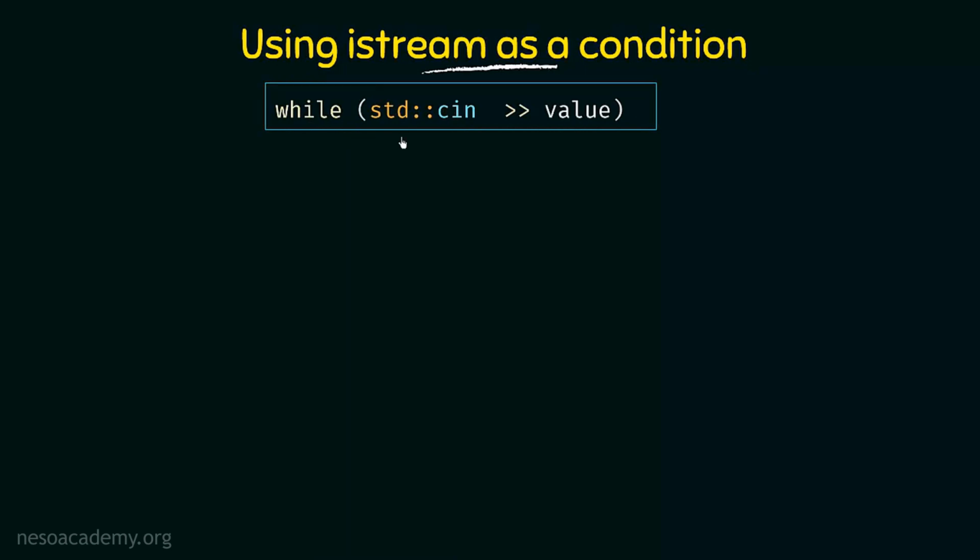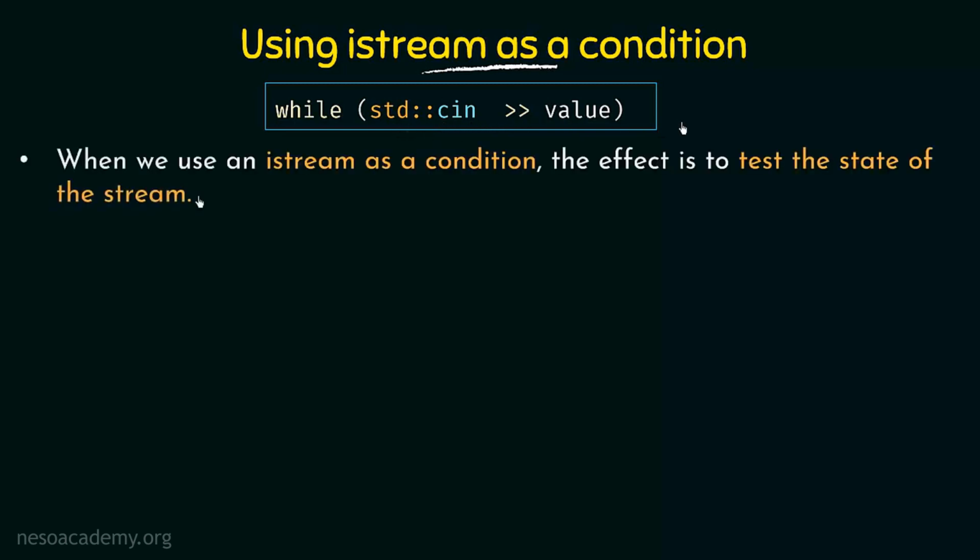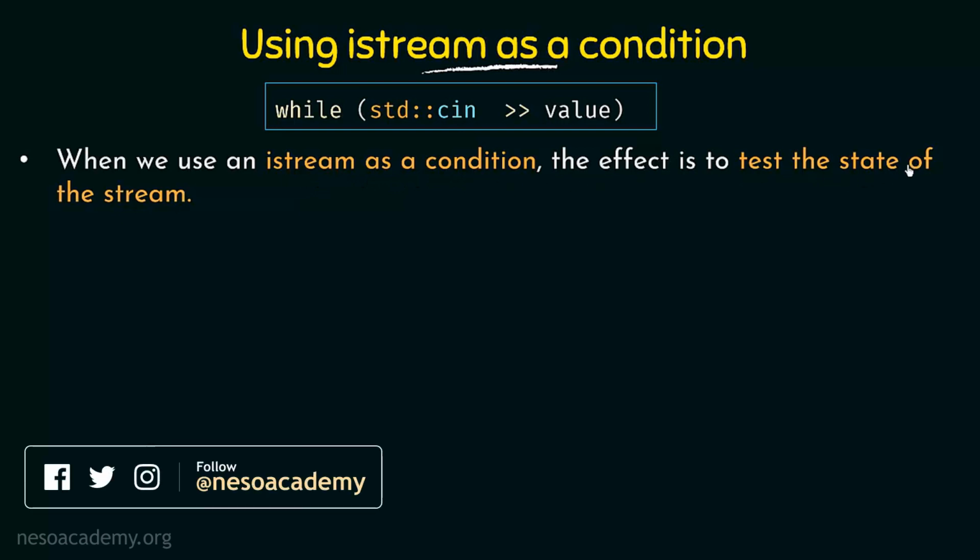So this was the statement that we had, that is the condition inside our while. We are using this istream, that is cin, as the test condition for our while. So when we do this, when we use an istream as a condition, the effect is to test the state of the stream. So we are going to test the state of the stream, that is the state of this std cin. So std cin will have a true value if the value entered here is a valid number.